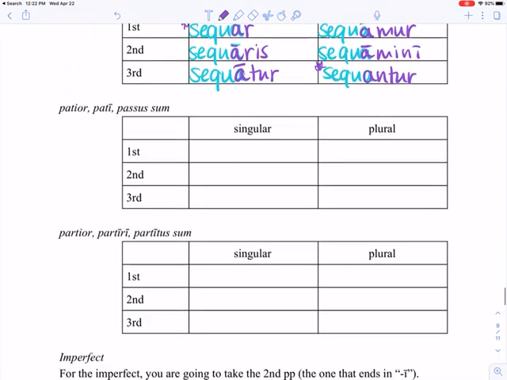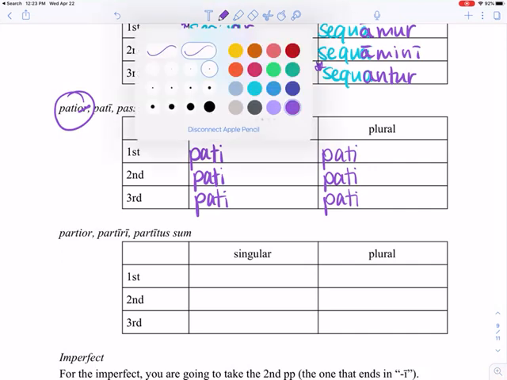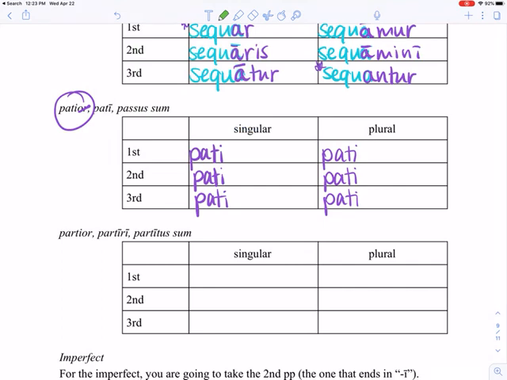Okay, moving on to patior. Again, we're going to take patior, we're dropping the or, our stem is pati. Let's go with that.